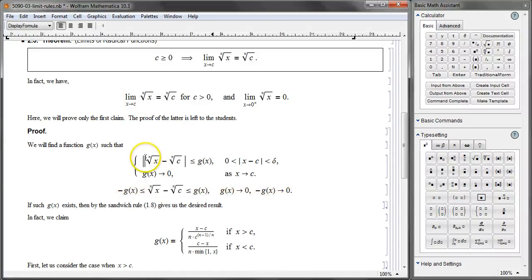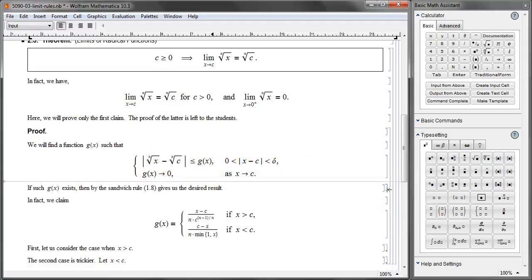Consequently, this will approach there because the difference became 0. That's how we're going to prove.